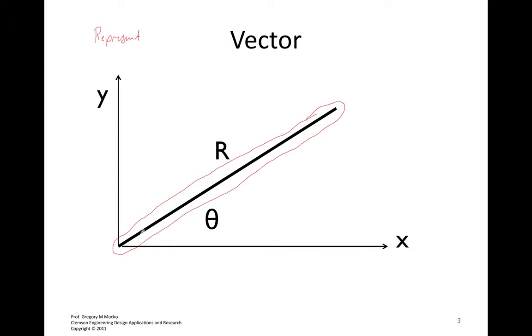So we've got this line here that represents a link. Its magnitude is r, so that's the length of that line. And its direction, in this case, is theta. Okay? And this theta is measured from this x-axis counterclockwise. Okay? So we can represent all mechanisms or linkages as vectors.